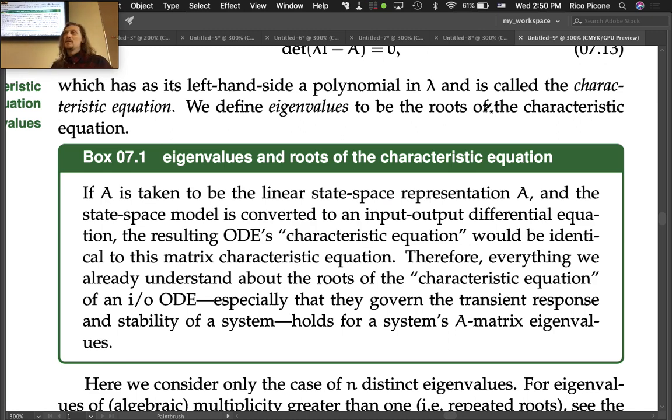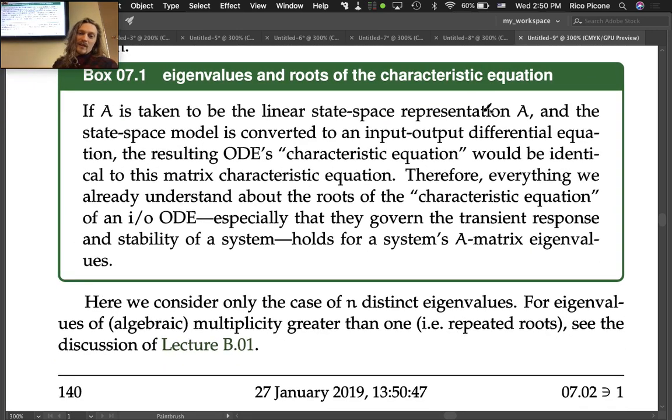Everything we know about roots of the characteristic equation, we now know about eigenvalues, which were key in stability and also in the transient response. What does that response look like? Are those eigenvalues, or roots of the characteristic equation, complex? Are they real? Are they positive? Are they negative? What's going to happen to the response due to them? All of that still holds, and now we can recognize that the eigenvalues of the A matrix are those values. Cool. So all that holds for a system's A matrix eigenvalues.